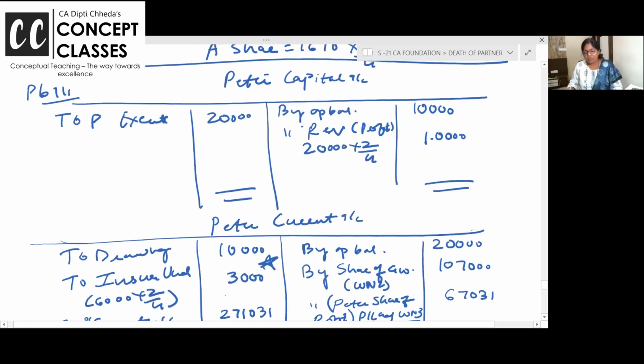Actually, revaluation profit will also come in the current account. We have it here because they have asked. You can write here note number 5 in the question. Note number 5 in the question is saying take it in the capital account.